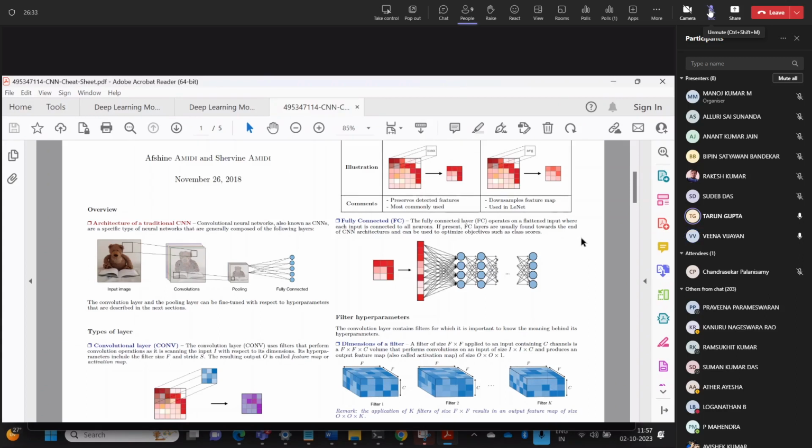So you're okay with convolution and pooling, right? Can we move to fully connected? Yeah, please. Before fully connected, we need to have a flatten step.